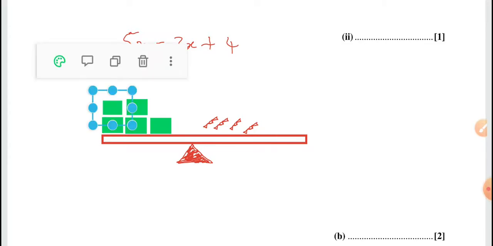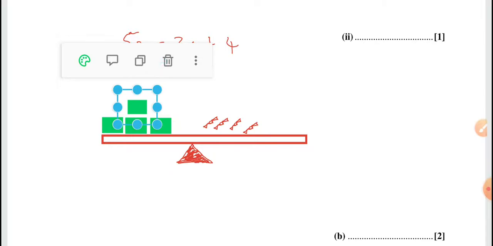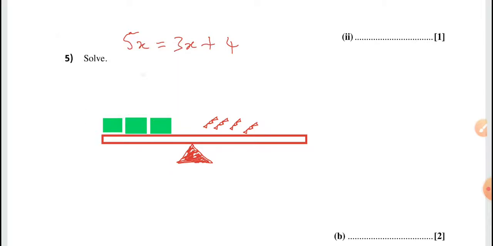So 1, 2, 3. Now we know that 2x or 2 lots of x is equal to 4. So by taking away 3x from either side, take away 3x, take away 3x, 2x is equal to 4.